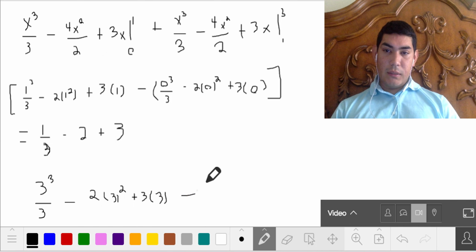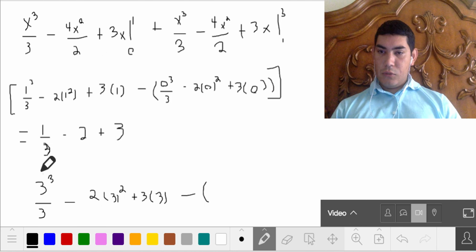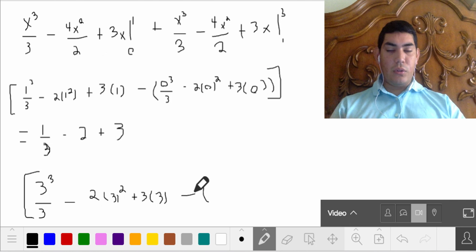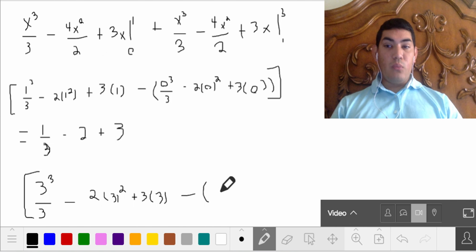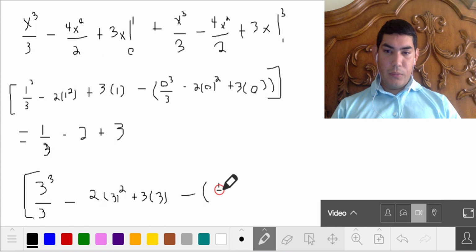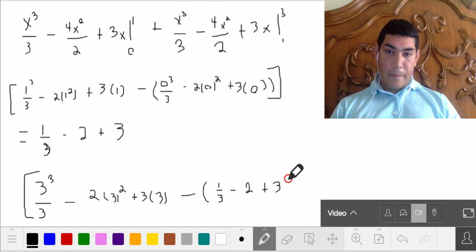Minus, let me put this in brackets just to show that they're different from the previous line. Now we're going to substitute a 1, which is what we got in the beginning. Since it's the same, I'm just going to write what we got as our solution, which is 1/3 minus 2 plus 3, sorry. We want to simplify that.